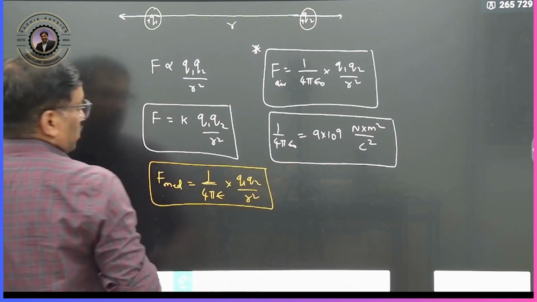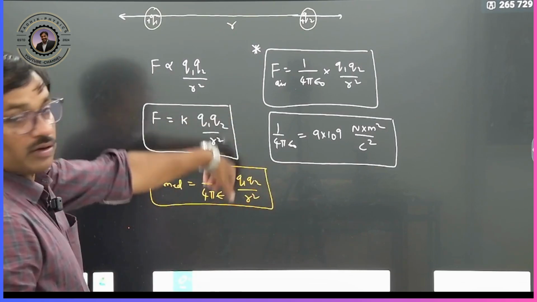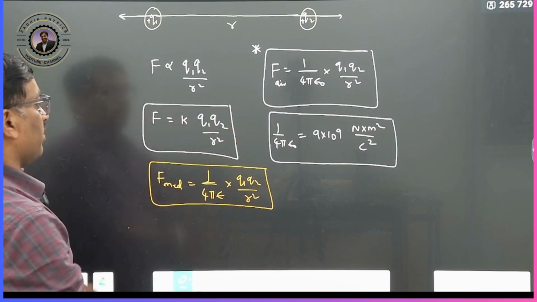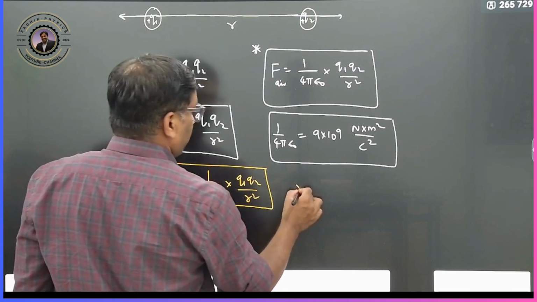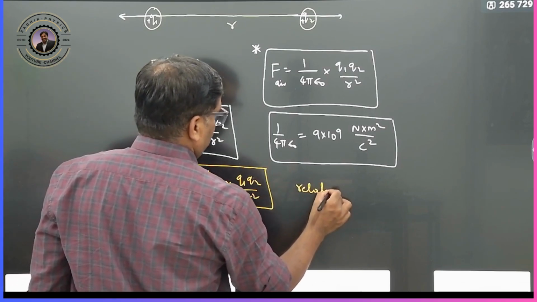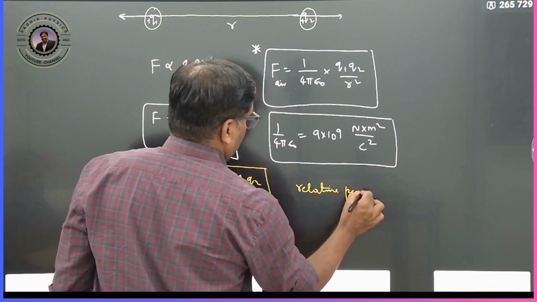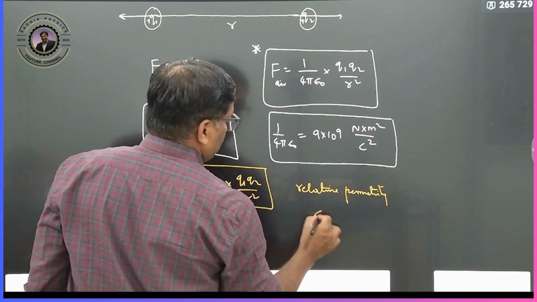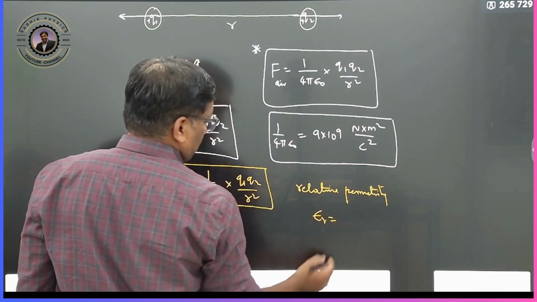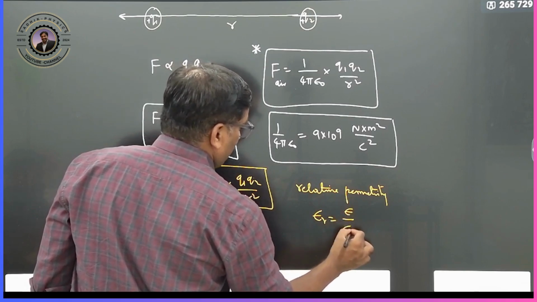Clear? So how do we convert it for a different medium? You can rewrite it using the relative permittivity. Epsilon R is epsilon by epsilon naught.